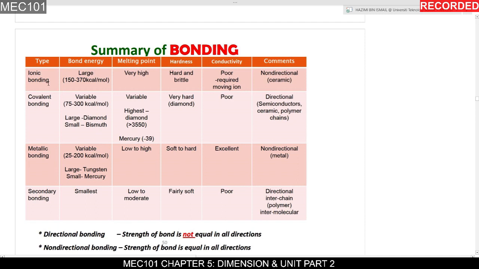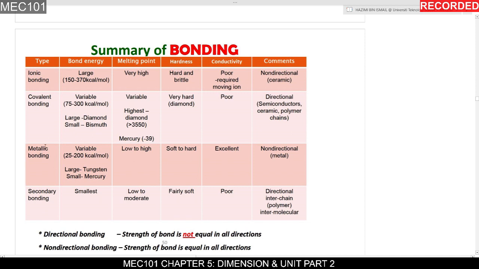Most ceramics have ionic bonding, and so on. Between these, metallic bonding has the lowest melting point, but it can also be high, such as iron and so on. For hardness, it is very soft. For conductivity, it is excellent.